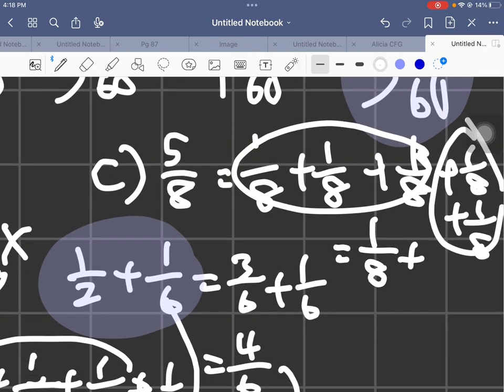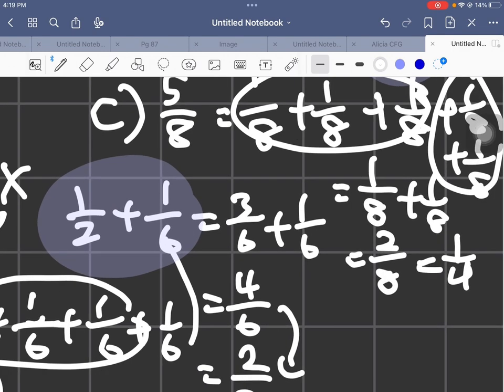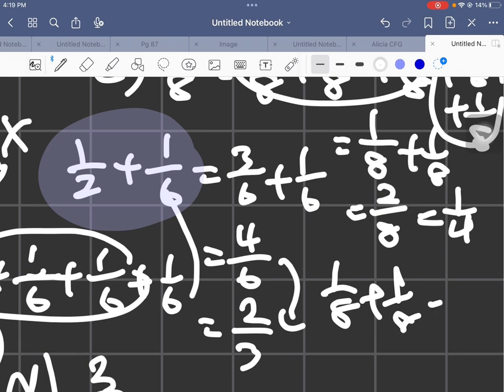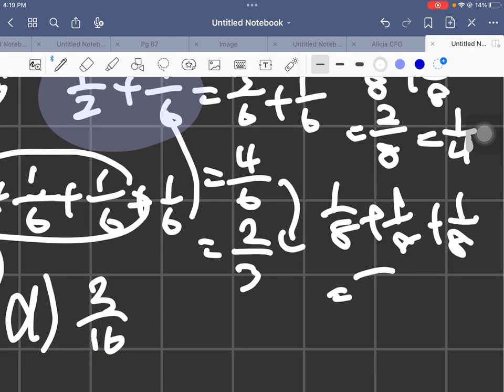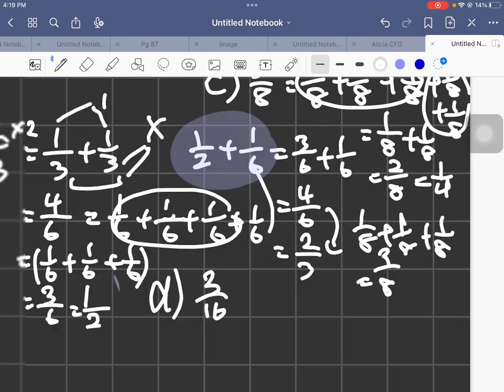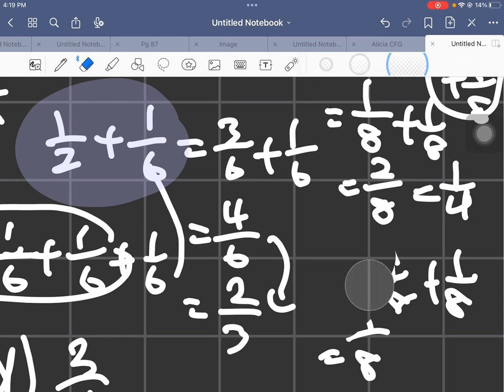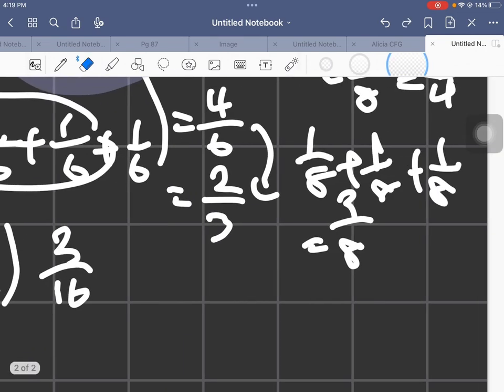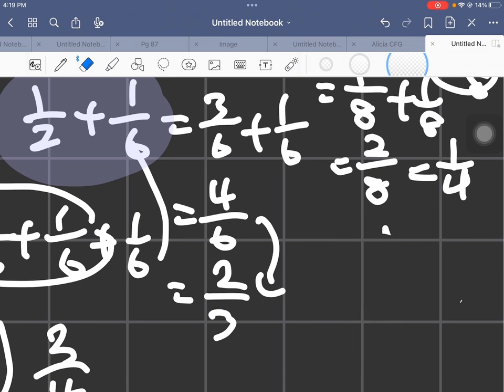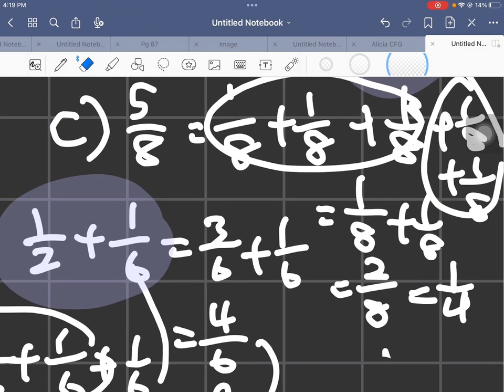So 1/8 plus 1/8, we'll get 2/8, which is also equal to 1/4. 1/8 plus 1/8 plus 1/8 equals 3/8, and this is not acceptable. So we're going to use 1/4.